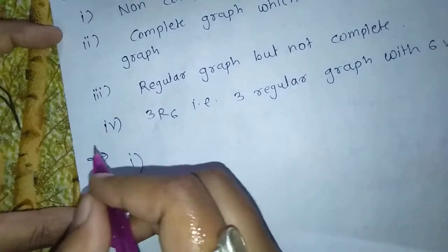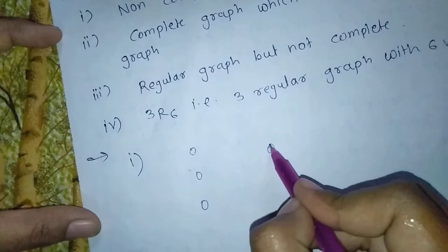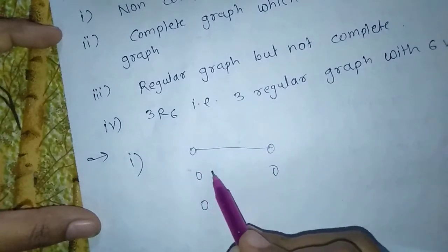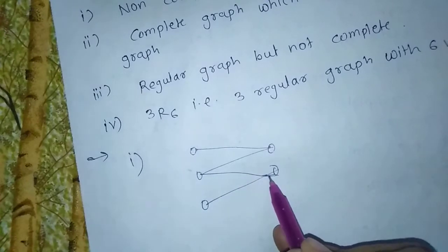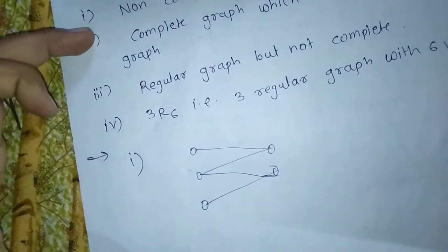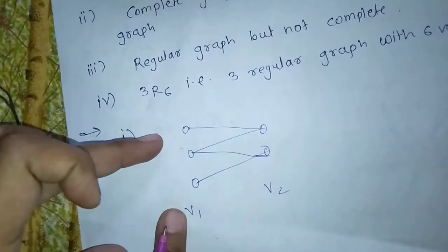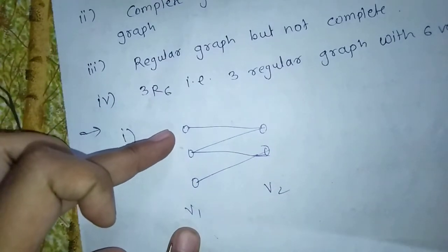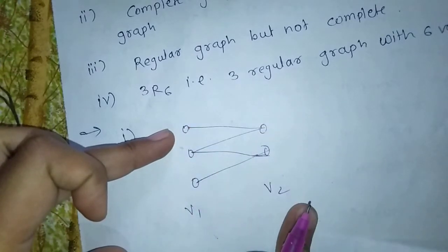First, non-complete bipartite graph. First we take 3 vertices here, 2 vertices here and join like this, like this. This is not a complete bipartite graph, because for a complete bipartite graph, each vertex of vertex set V1 is adjacent to every vertex of vertex set V2.